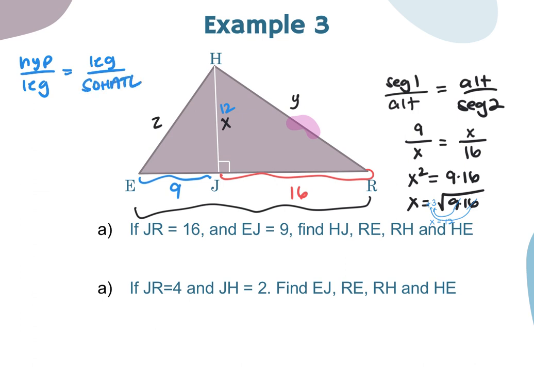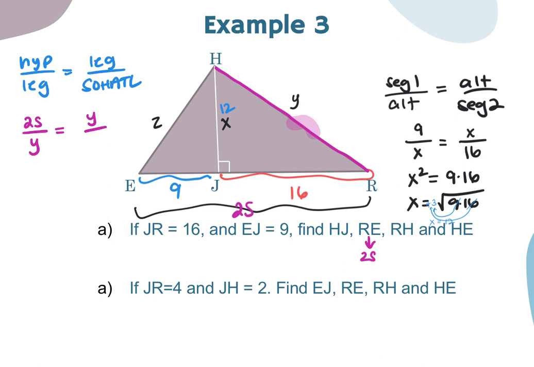So what's the hypotenuse of the big triangle? Because that's the hypotenuse we're using. Nope, of the big triangle. 25, which is actually one of the questions it asked for, right? RE is 25. So 25 over the leg we're looking for this time, we're solving for y. So the y repeats.